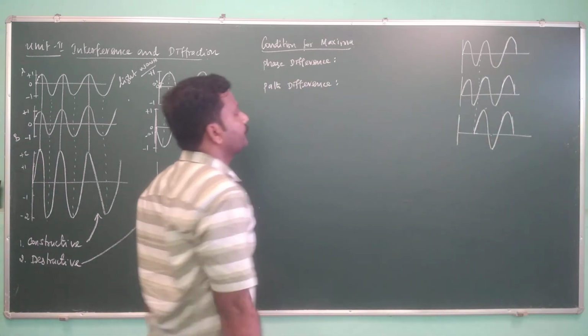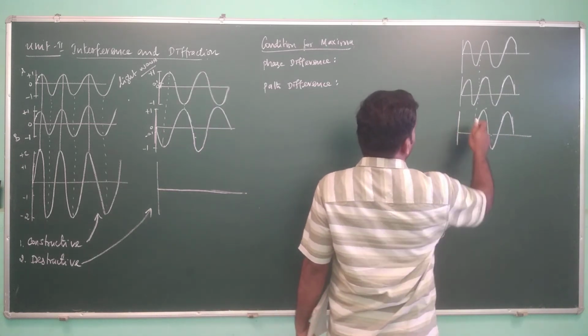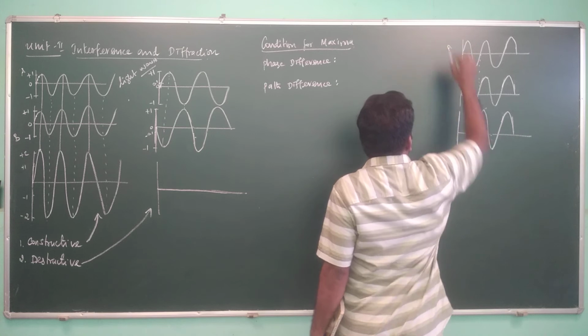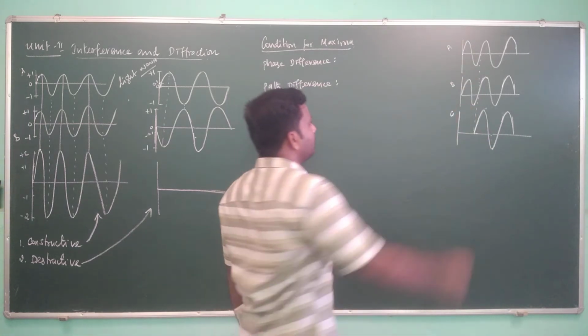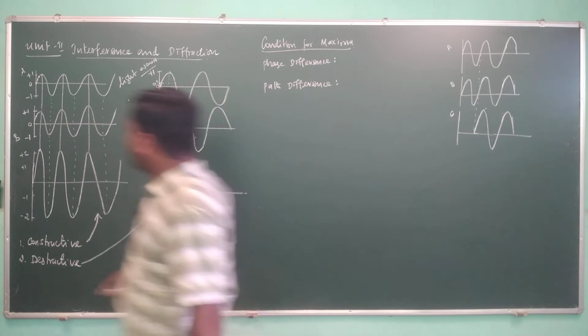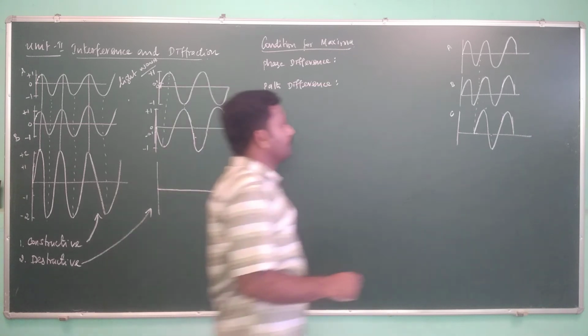See, this is wave A, this is wave B, this is wave C. And we have already seen that when wave A and wave B interact, we get constructive interference because both waves started from the same point. What about wave C?